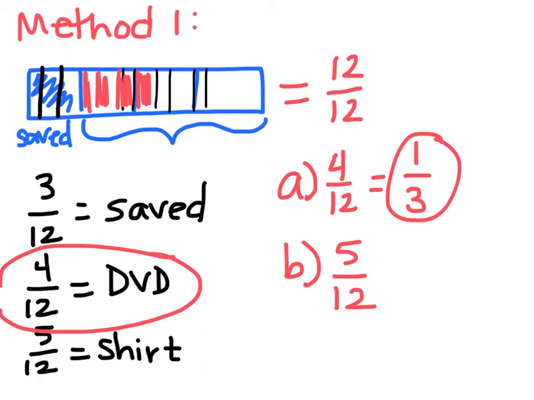Now let's solve this same problem using method 2. All right, let me read you this problem one more time just to refresh in your mind what we're looking for. Len earned some money for a vacation job. He saved 1/4 of the money. Let's write our information down. He saved 1/4.